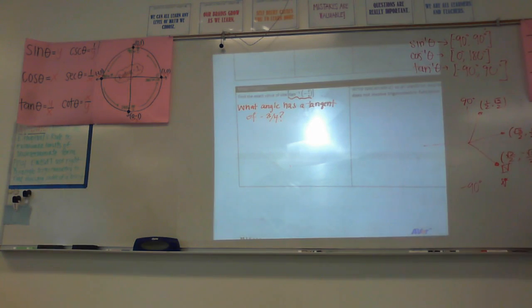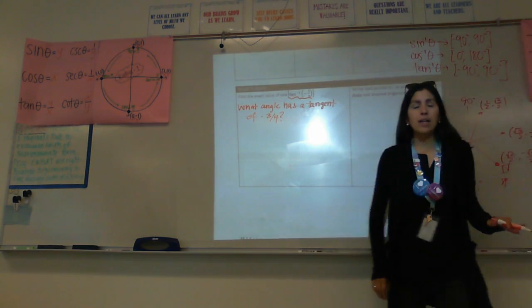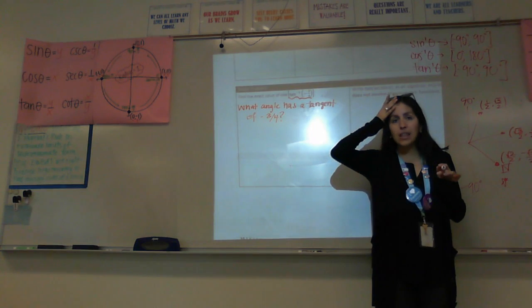I'm remembering that tangent limits me to quadrant 1 and quadrant 4. And based on what I saw in those previous two examples, I don't believe that any of these significant angles is going to generate a ratio of 3/4. Those numbers aren't relevant to the points that we've created for ourselves on our circle. Here's what happens when I attempt questions like this.